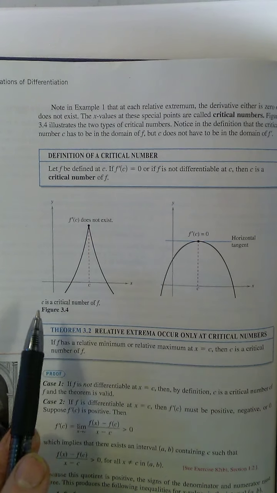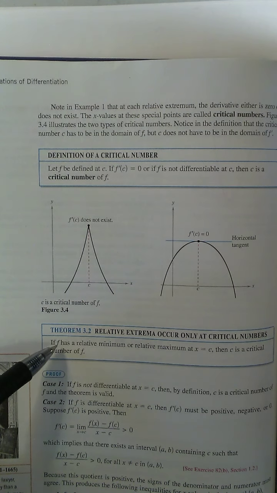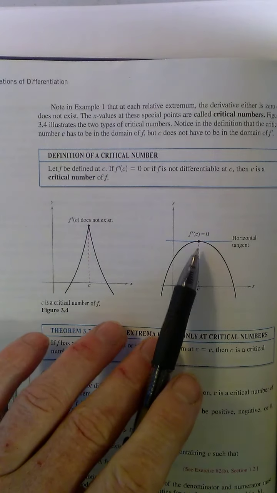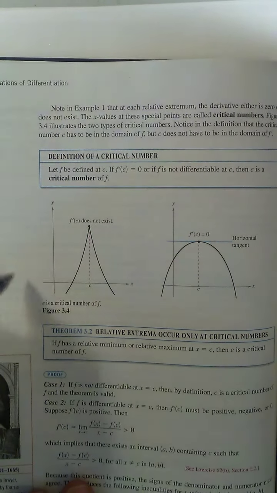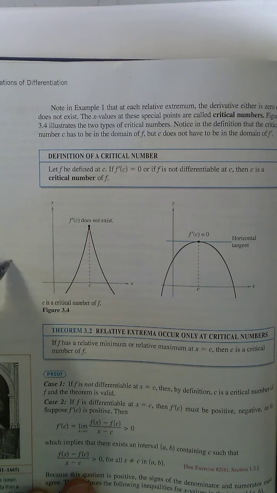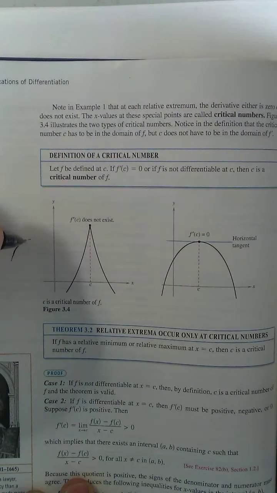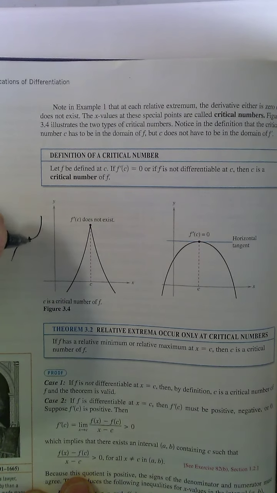Now, you don't have to have a max or a min when you have a horizontal tangent line. You could also have something like this. You could come up, flatten out, and then continue to increase. So right there you have a flat spot on the curve.